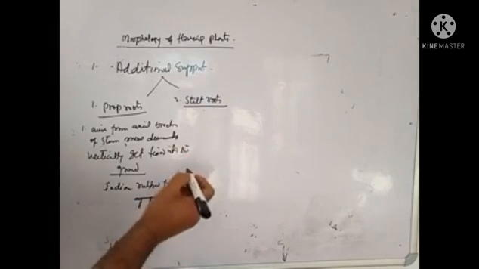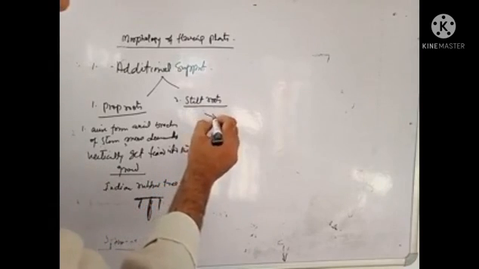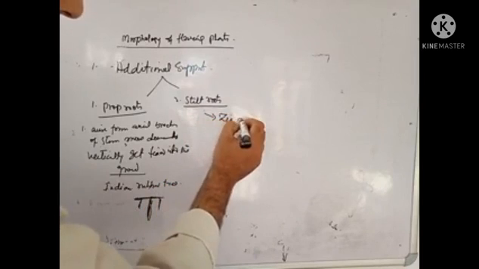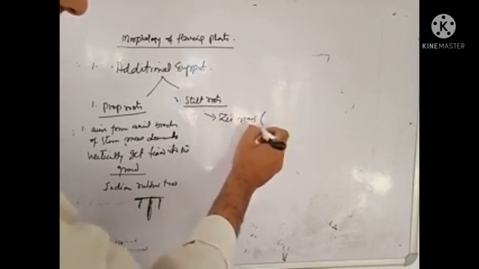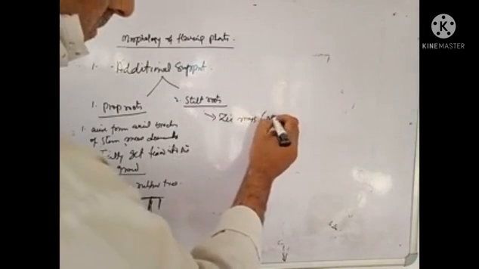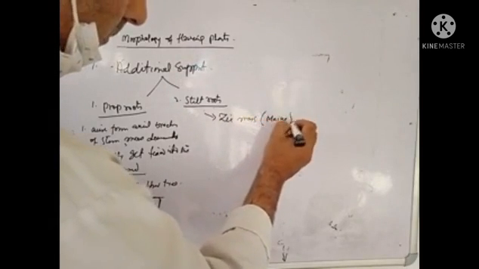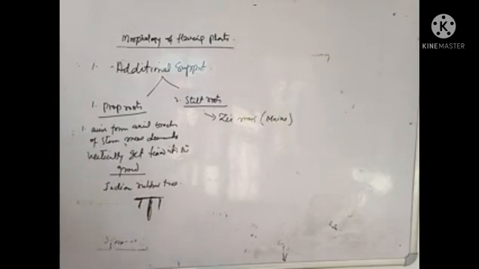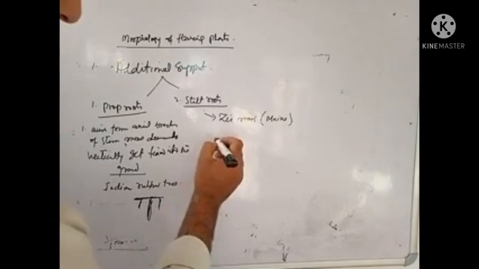Stilt roots are found in maize. They arise from lower nodes of stem.